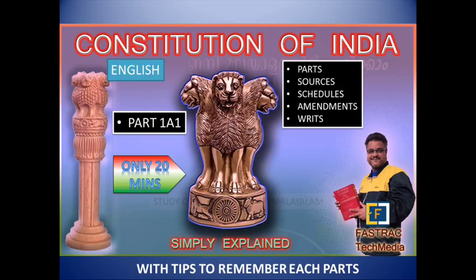This part 1A is just for 20 minutes and simply explains which are the parts and how to remember them. I am giving very easy tips to understand the parts in the Constitution of India in a simple manner. Anyone can study, especially this is for LLB students.